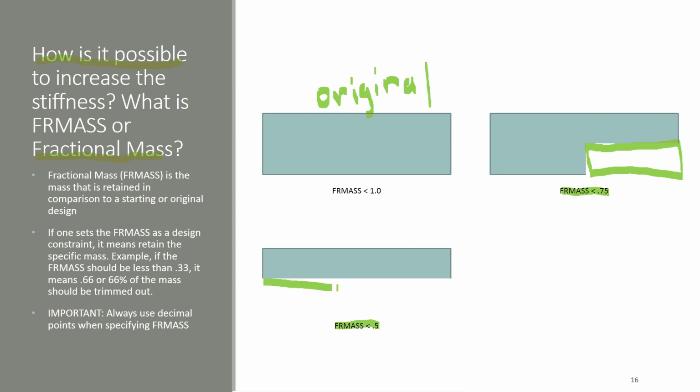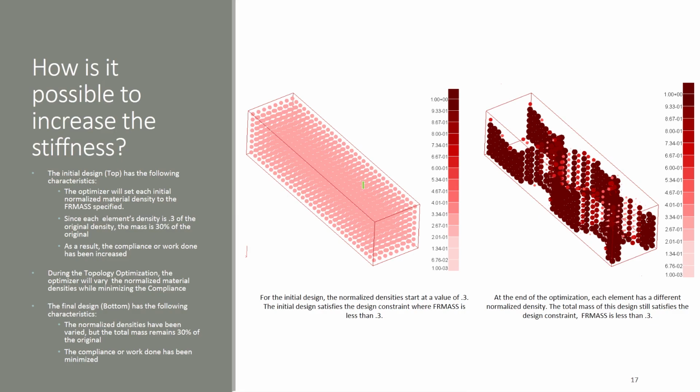That means that half of the mass has been removed, or half the mass was retained. This is important for the next slide. So remember that each element in topology optimization is getting a design variable xi that represents the normalized density.